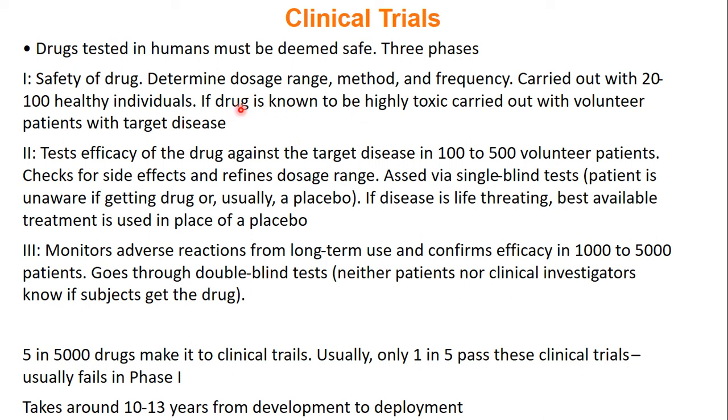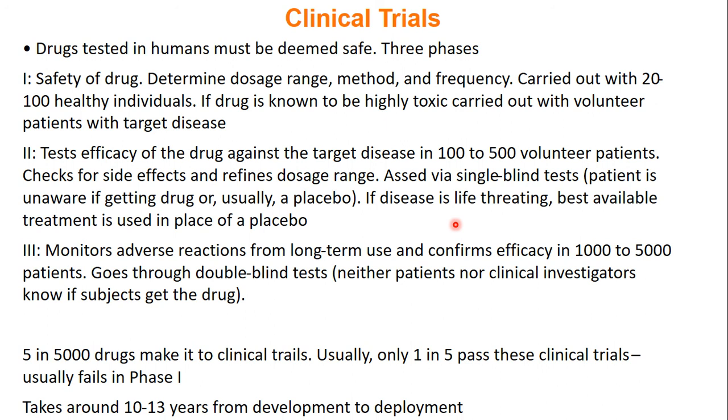But if the drug is already known to be toxic, usually the individuals will be volunteers who have this target disease. Stage 2 of clinical trials is the efficacy of the drug against the target disease in 100 to 500 volunteer patients. So now we're moving on to people who actually have this disease.